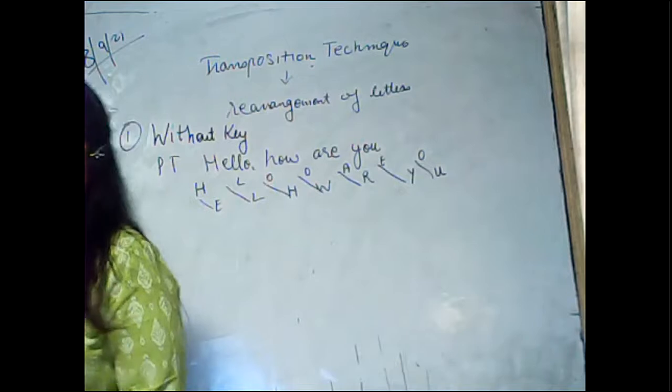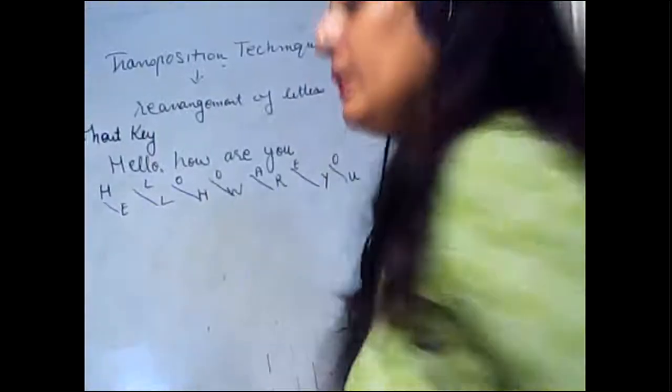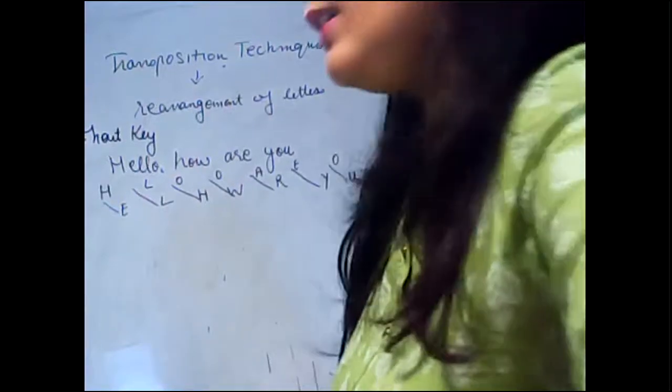So this is the case where we are not given any type of key here. Now, what will happen here? You can see like this.